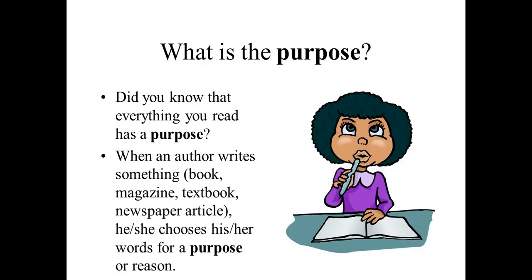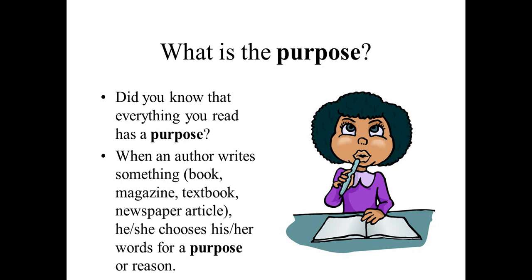So what is the purpose? What does author's purpose mean? Everything that you read has a purpose. When the author wrote or created the thing that you are reading, the author had a purpose in mind, a reason why they wrote.